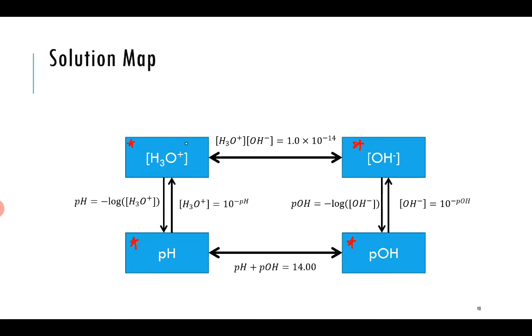And so you should probably copy down this square and the equations into your notes. You can pause the video in order to copy this page down into your notes. This is a solution map to help you with the calculations. We'll have to think about which corners we are on and which corner we are trying to get to. Then we'll be able to pick our pathway around the square and apply the correct equations.